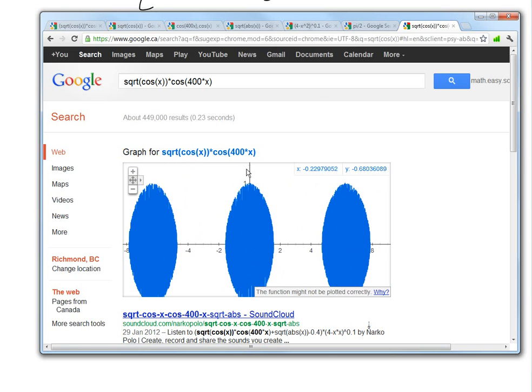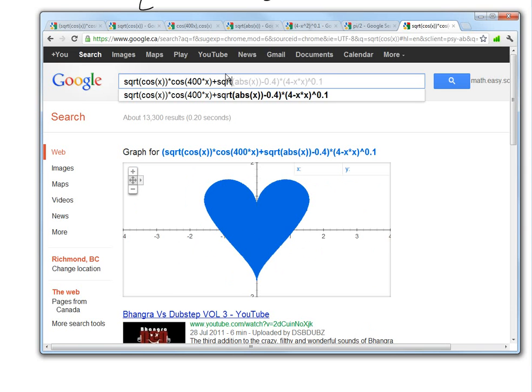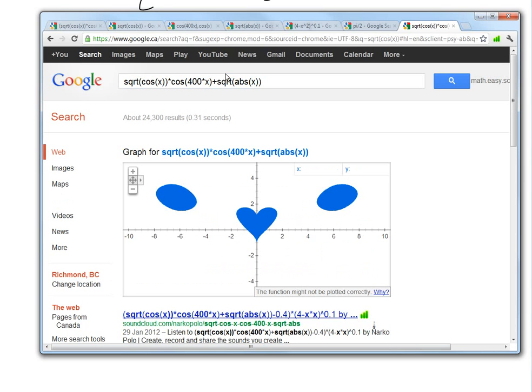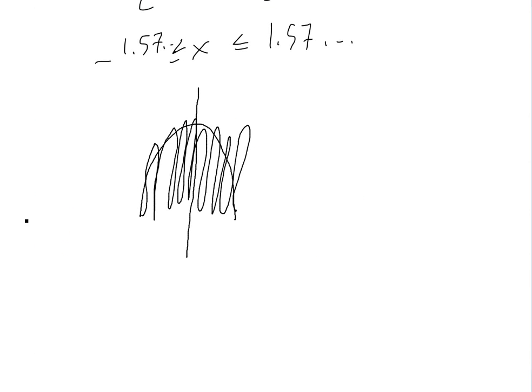And now we're going to add square root abs x. Let's see what happens here. As you see, we actually have a heart in the center.